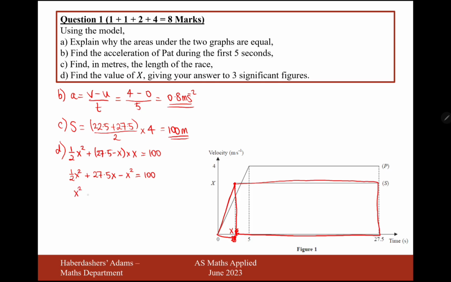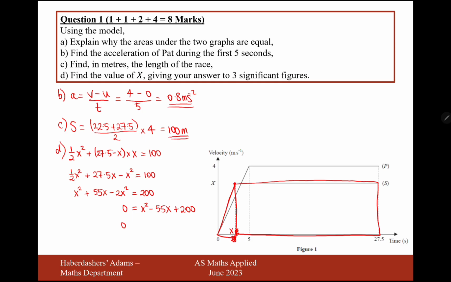So x squared add 27.5 times 2, which would be 55x, minus 2x squared equals 200. Okay, that's looking a lot easier. Let's now move everything onto the right-hand side. So x squared minus 2x squared is minus x squared, but then we're going to add it to the other side. So it's x squared here, minus 55x, add 200.